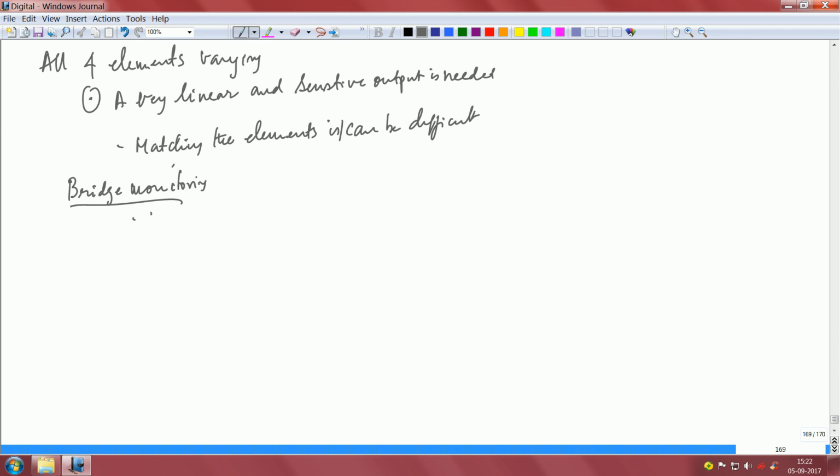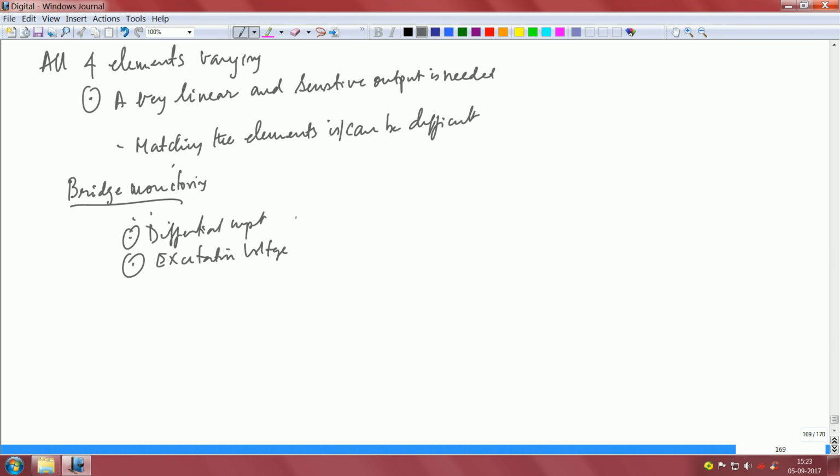And why is it connected to microcontroller? Because you will need to apply. So, what do you need? You need differential input and you need excitation voltage, bridge excitation voltage.